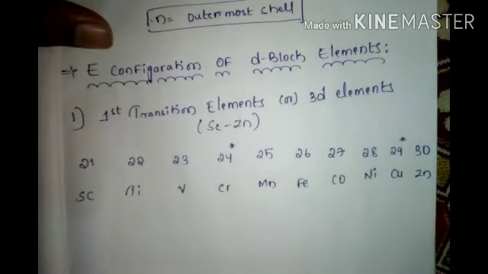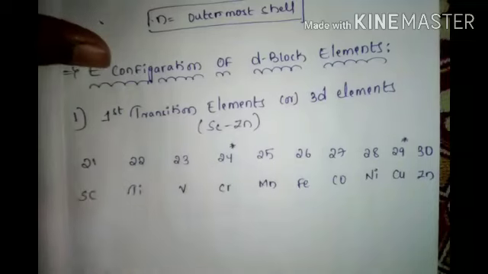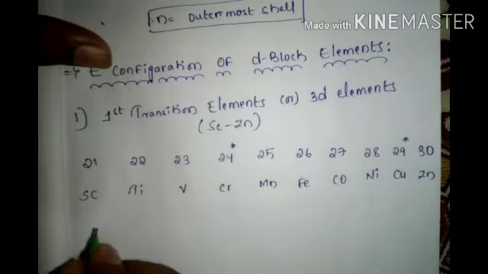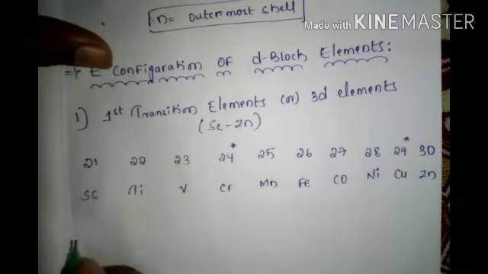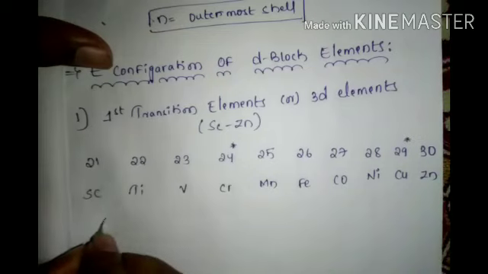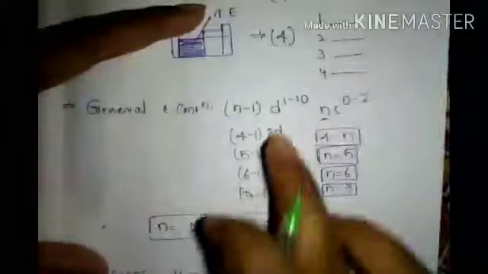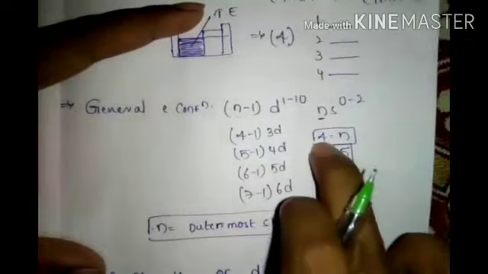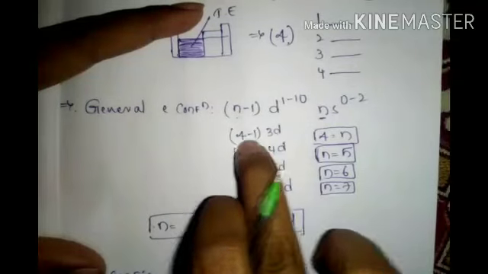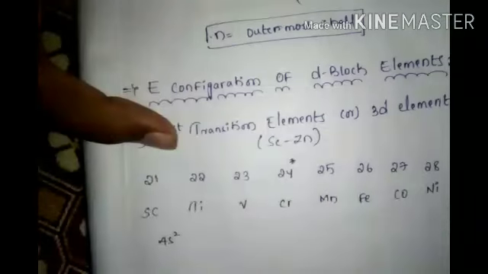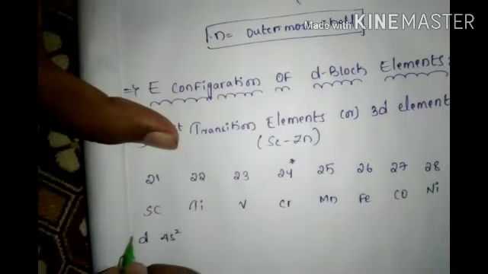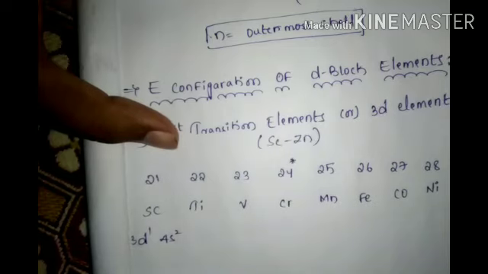Now here I am taking a star mark on 24 and 29. Take star mark on 24 and 29. See here, according to the general electronic configuration, 4s2 comes, and 4 means 3d will come. 4s2 3d1.